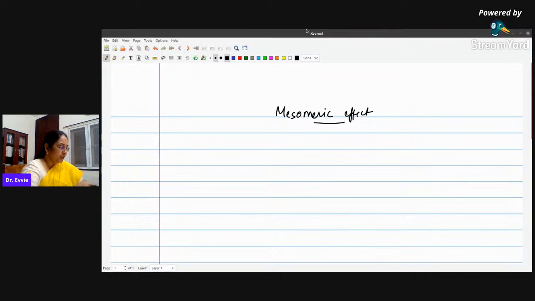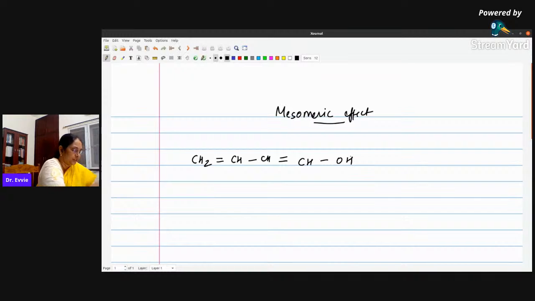As I told you, it's nothing but resonance, only a slight difference. Let me take an example of this compound, CH double bond CH OH. I think the balance is satisfied.